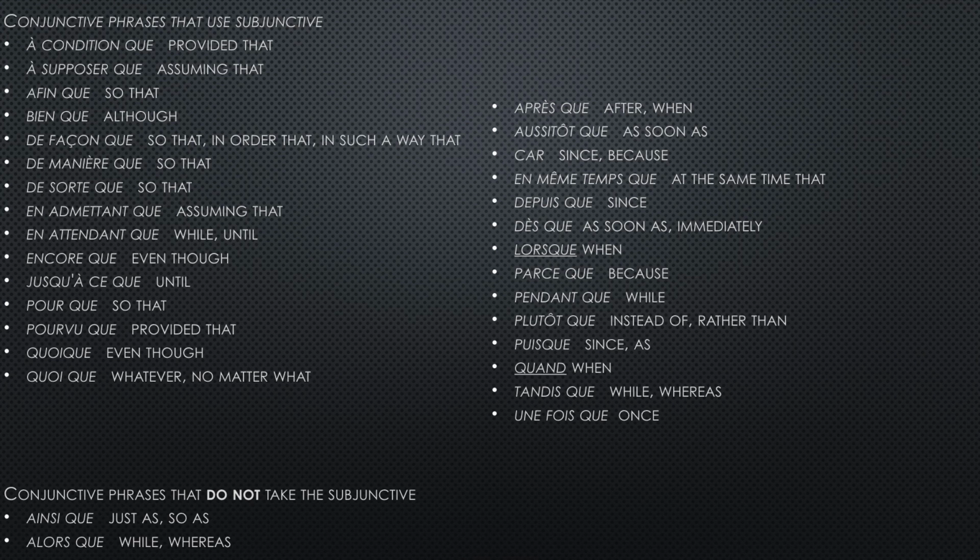But the ones on the bottom and on the right, as soon as, since, when, whereas, once, they are certain, they pinpoint a direct time, they will use the indicative.